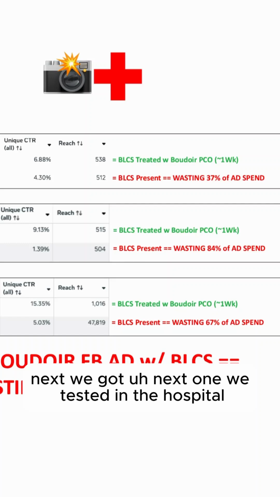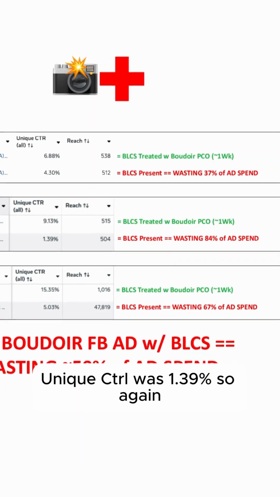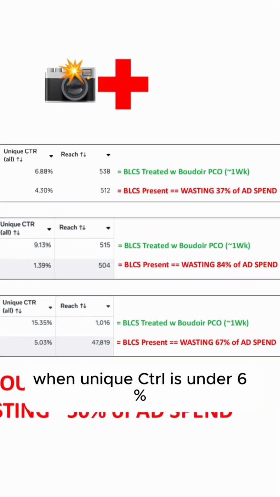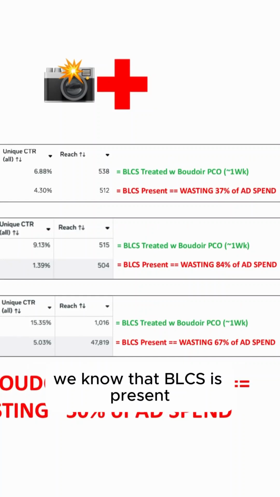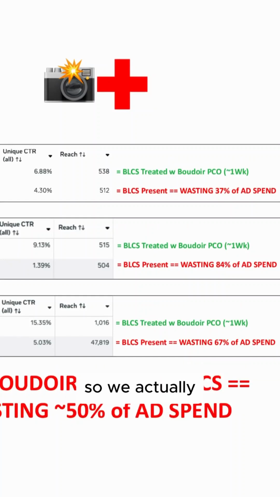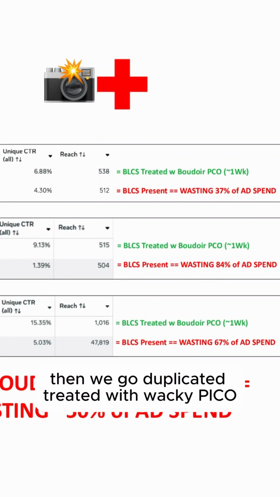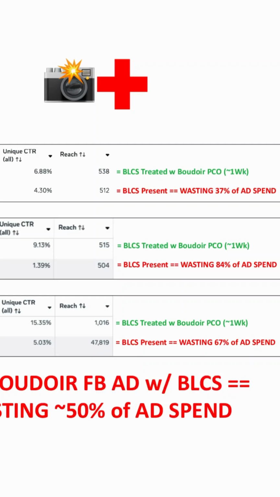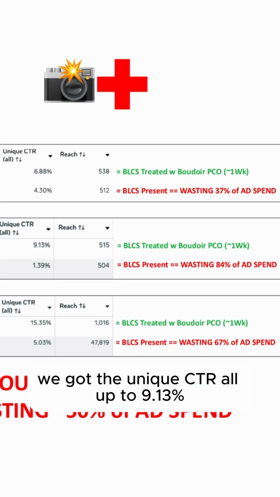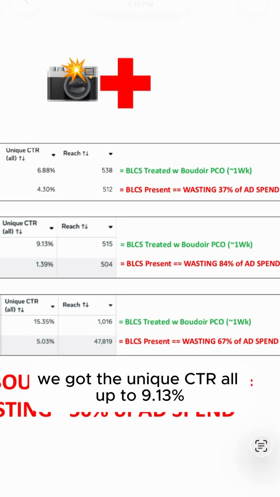Next, we got the next one we tested in the hospital. Unique CTR was 1.39%. So again, when unique CTR is under 6%, we know that BLCS is present. So we duplicate it, treat it with Boudoir Pico, takes about a week. We got the unique CTR up to 9.13%.